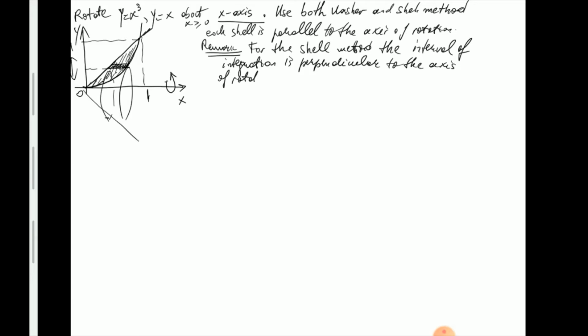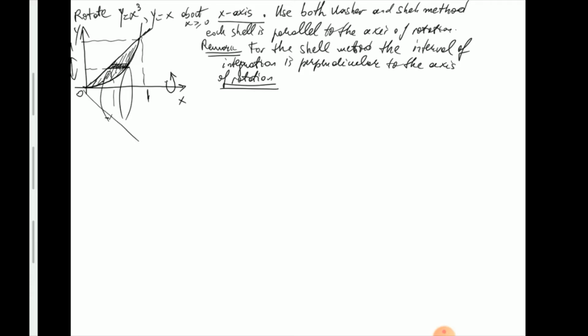So basically, if you want to compute this volume by integrating with respect to y, then you have to use the shell method, because the slicing method will force you in this case to integrate with respect to x, as you will see later.